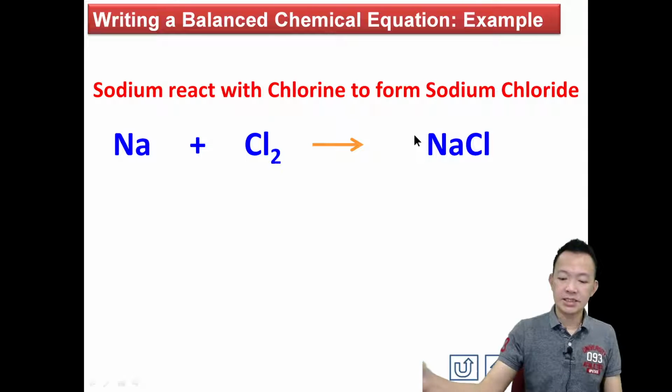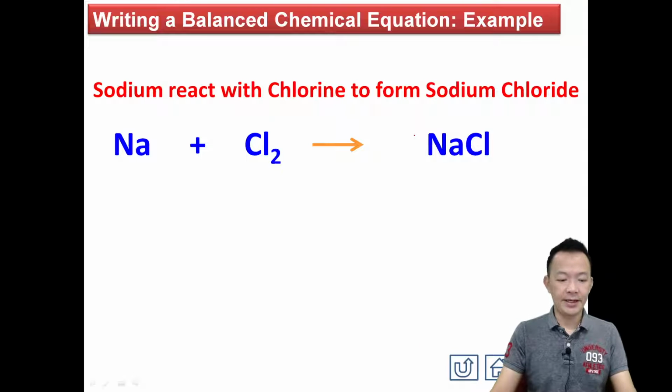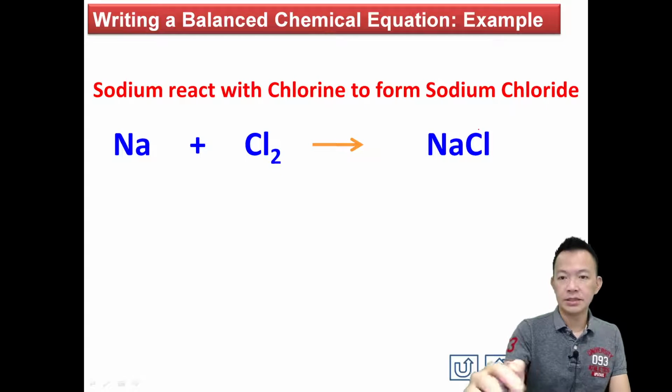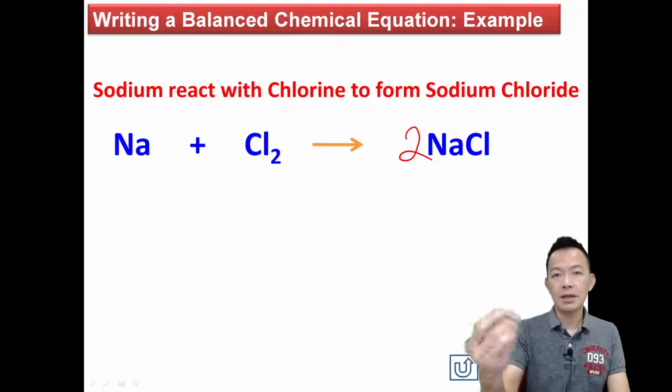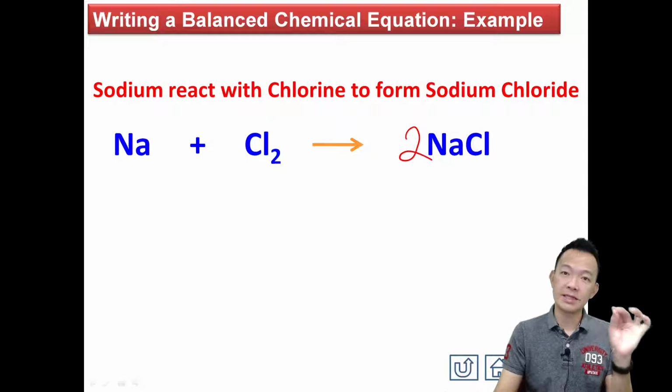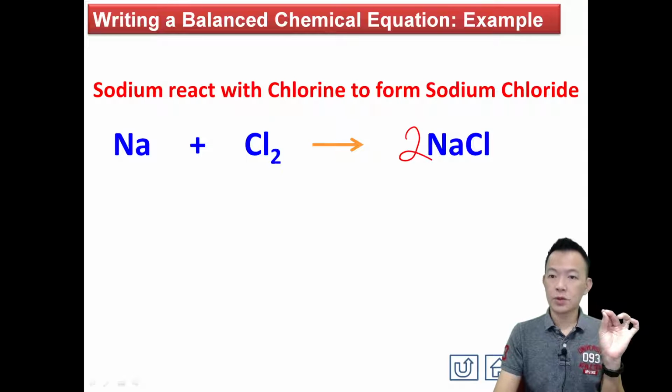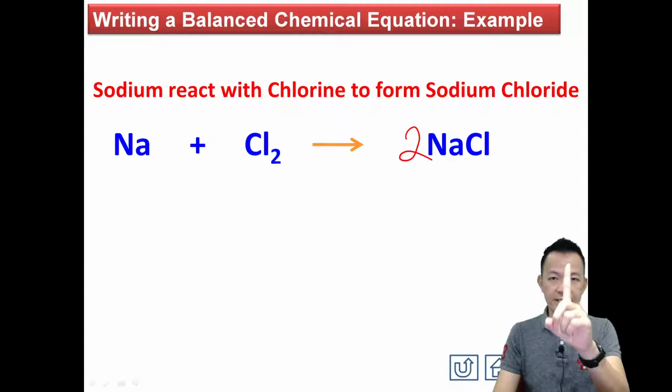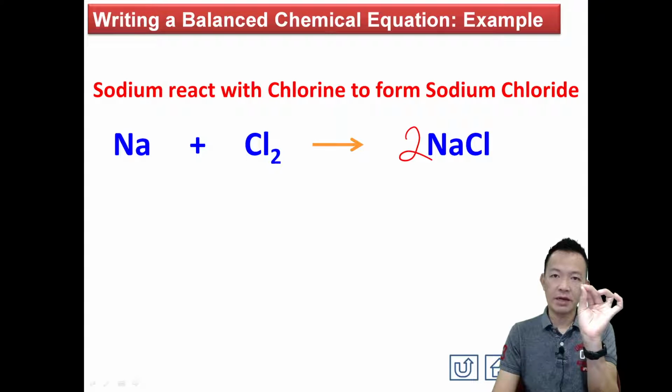But how to make it balance? 怎样给它 balance 呢? 我来了, 你看啊. One sodium, one chlorine, two chlorine, not balance, so I times 2, 我乘2. Why? I don't know, 我们习惯的, 重要看习惯的. Two chlorine. You just have one method only to balance a chemical equation: add a number in front of the chemical formula.